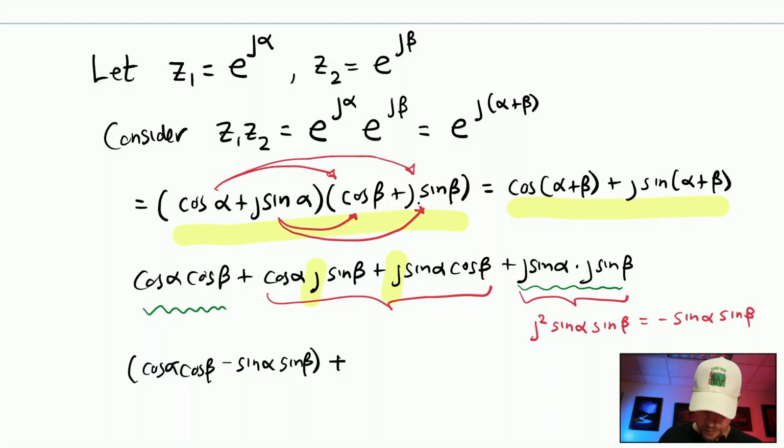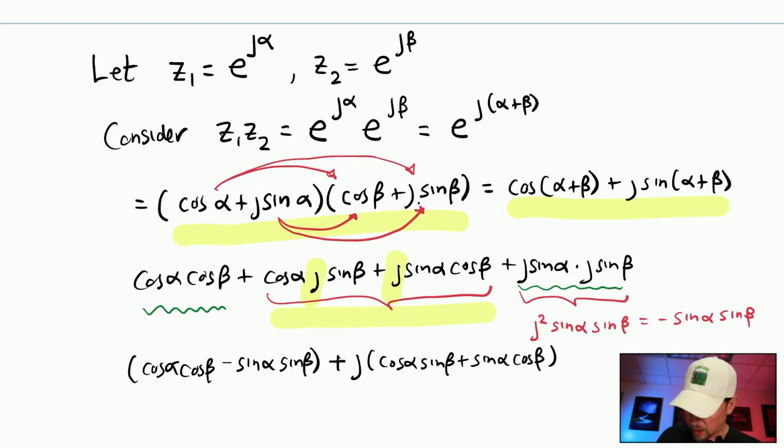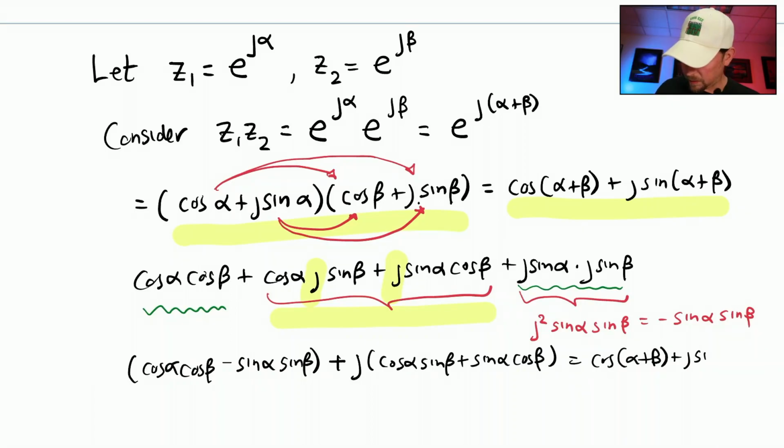And for the second part, for these terms, I can factor out the j, and I'll get cosine alpha sine beta plus sine alpha cosine beta. And this has to equal cosine alpha plus beta plus j sine alpha plus beta.